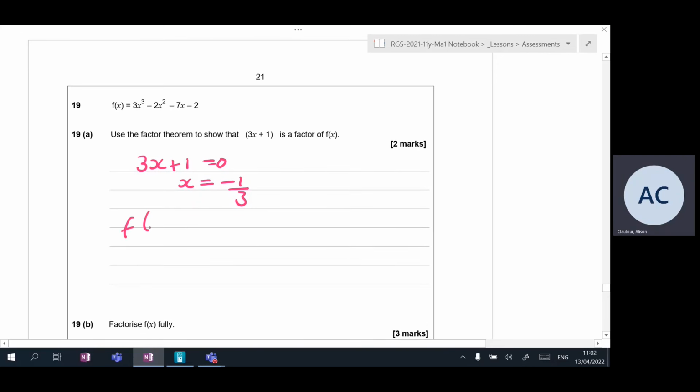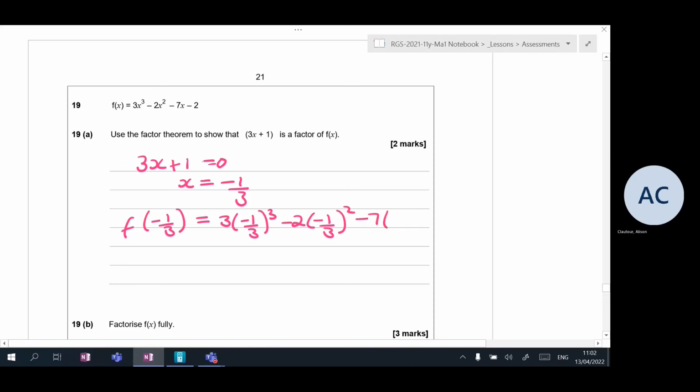So if we sub minus a third in, okay, we should be expecting an answer of 0.